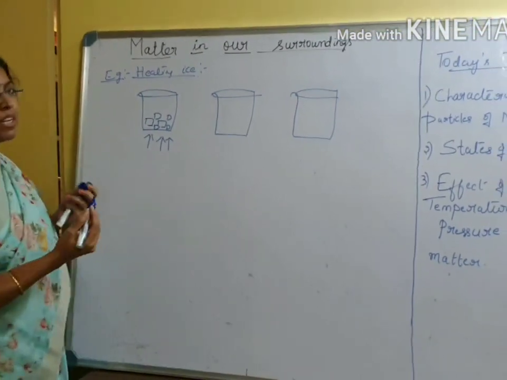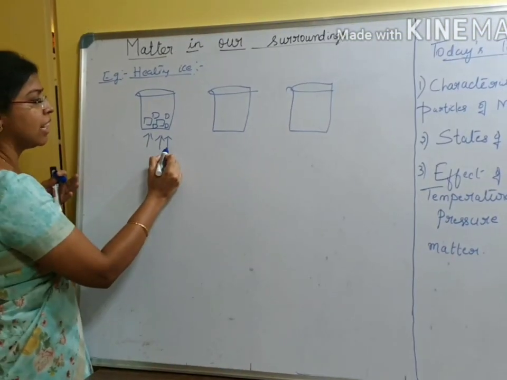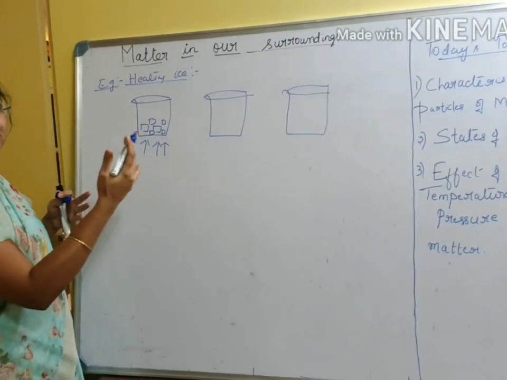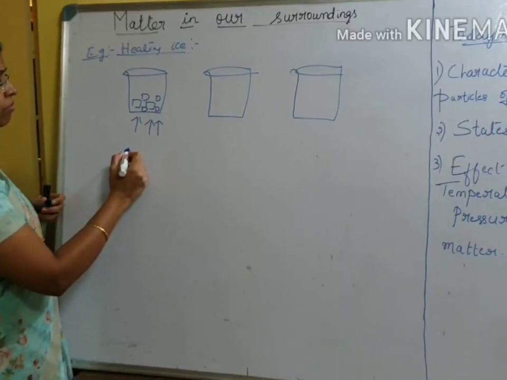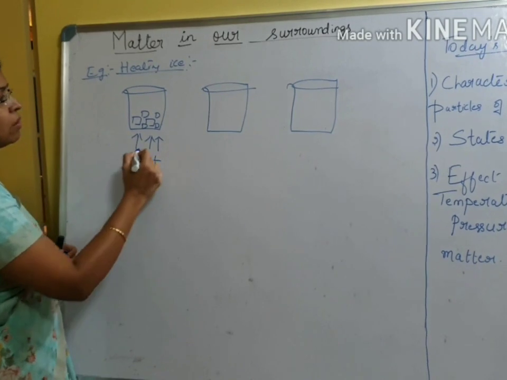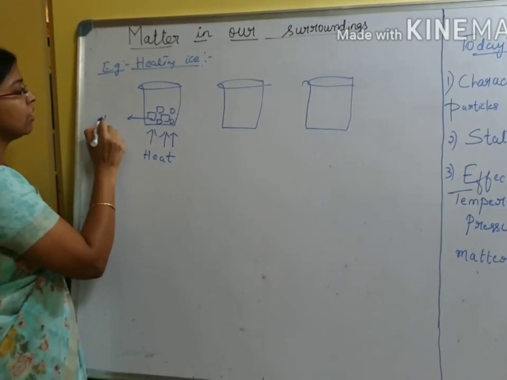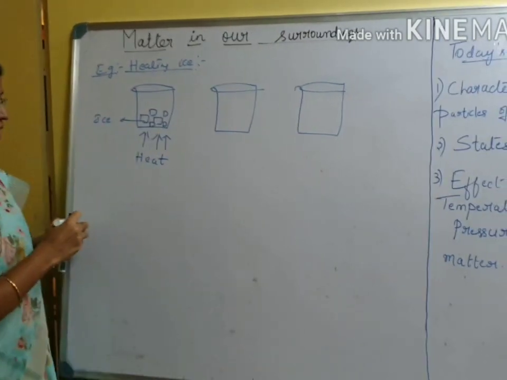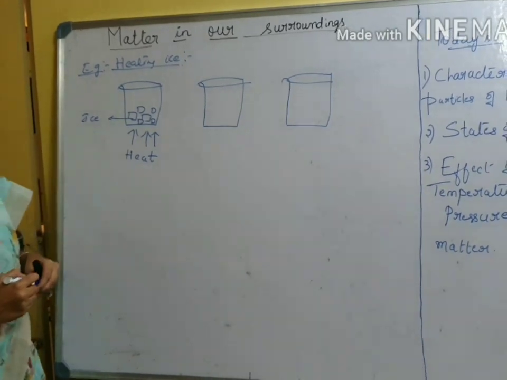Effect of temperature means we need to provide heat, right? Therefore there will be a change in the temperature. So we will apply heat so that there will be a change in the temperature. This is ice. What happens when we heat the ice?